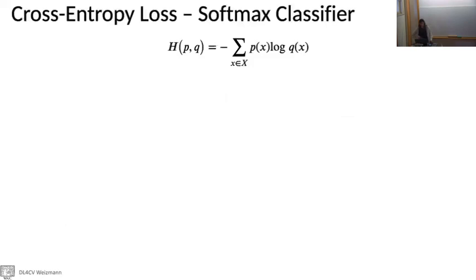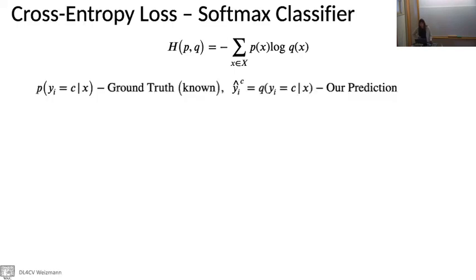So if we write down the cross-entropy again, just to remind, it's the minus of the sum over all the events of the ground truth probability times the log of the approximator.